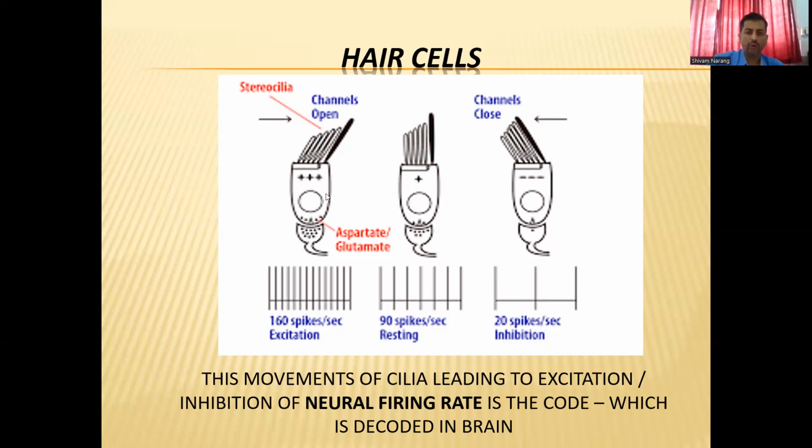We all know the structure of the hair cell: there is a cell body, and at one end there are some small cilia, which we call stereocilia, and at one end there is a larger and longer cilium which is called the kinocilium.